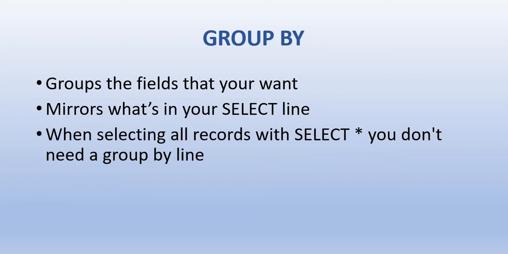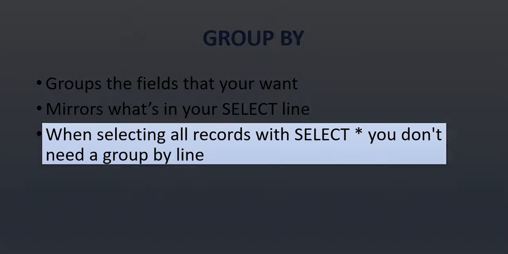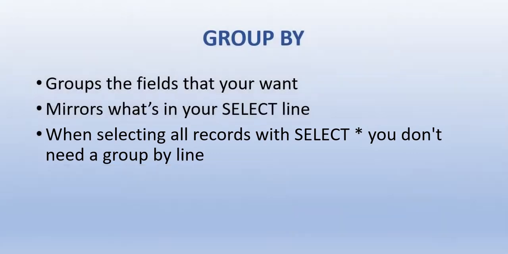If you say, give me the name of the employee and the date the employee was hired in my select line, the name of the employee and the date the employee was hired has to be in your group by line. So a lot of times the group by line just mirrors your select line. And when you're selecting all records with a select all, you don't need group by. That's why we haven't been using it yet.